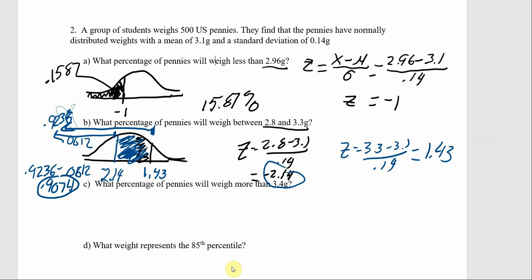So we can find in between by taking the difference. Now we want to know what percentage of the pennies weigh more than 3.4 grams. So again, we're going to draw our standard normal curve, find our z-score. So z is 3.4 minus 3.1 all over our 0.14.